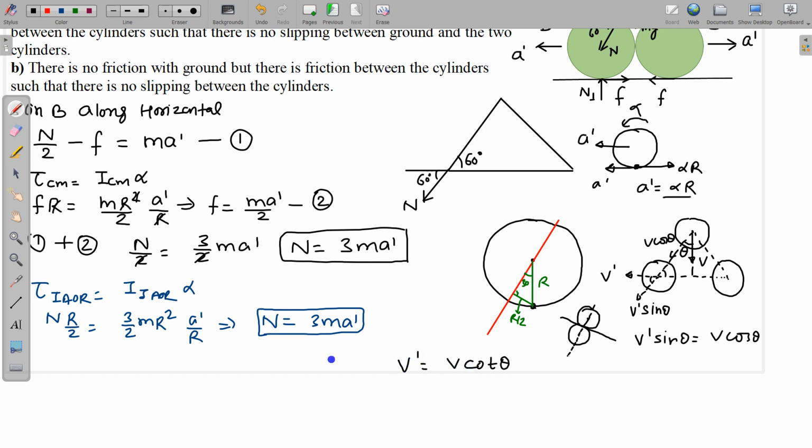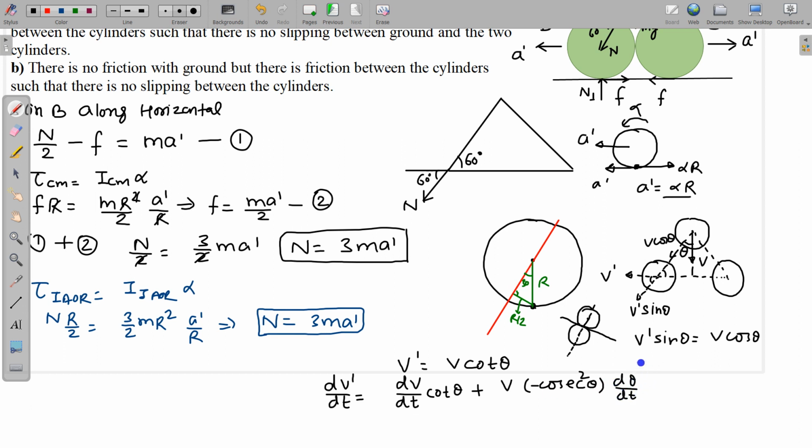If I differentiate this, then this is dv dash by dt. This will be dv by dt into cot theta, and since theta is also variable here, plus v into minus cosec square theta and d theta by dt.